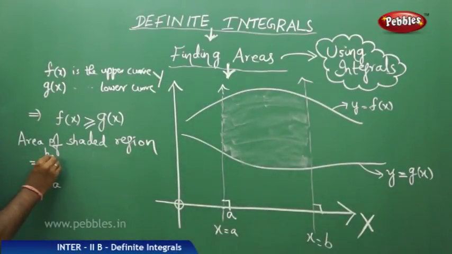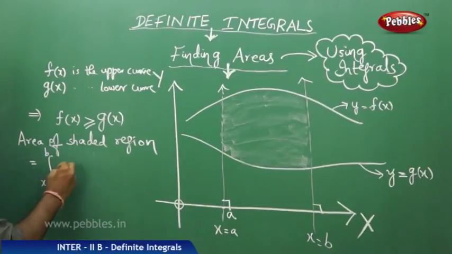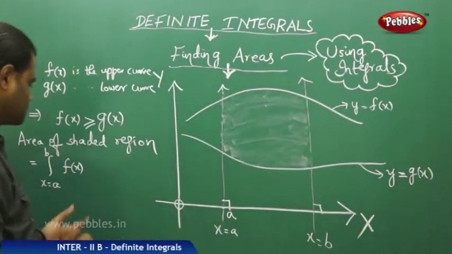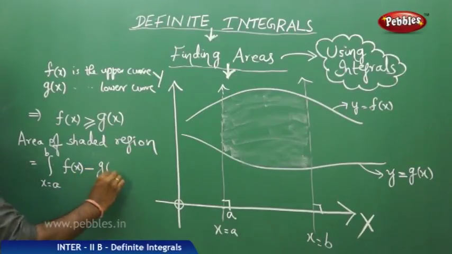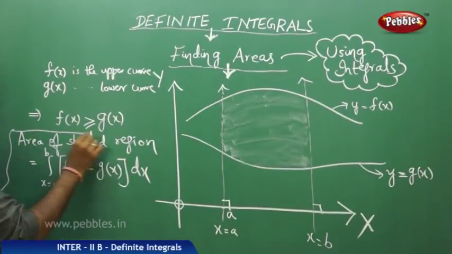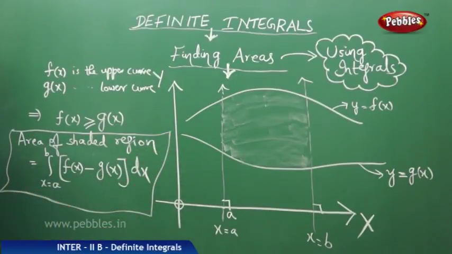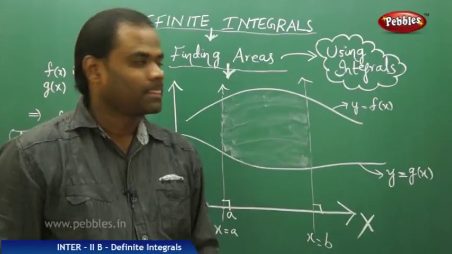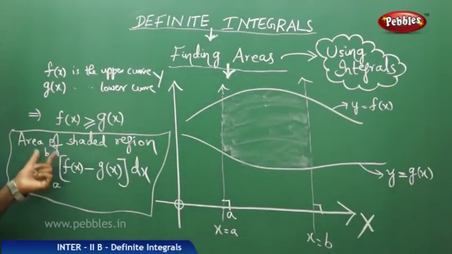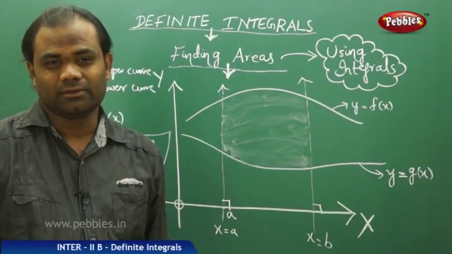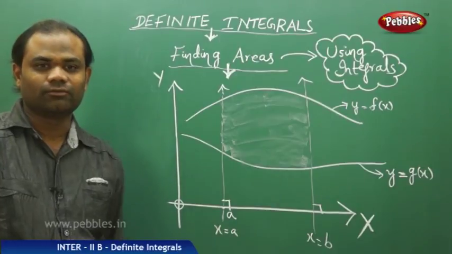So integral of a to b, which is a definite integral of upper curve, comes always first, that is f of x, whatever is the upper curve comes first, minus the lower curve whole of dx, is how we define area of the shaded region using integrals, the definite integral. Integral lower limit to upper curve minus lower curve of dx is how we define the area of the shaded region. Now let's see the general formula.